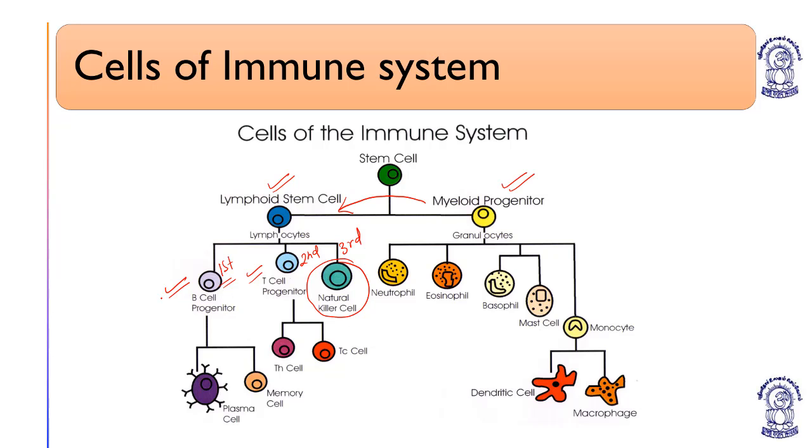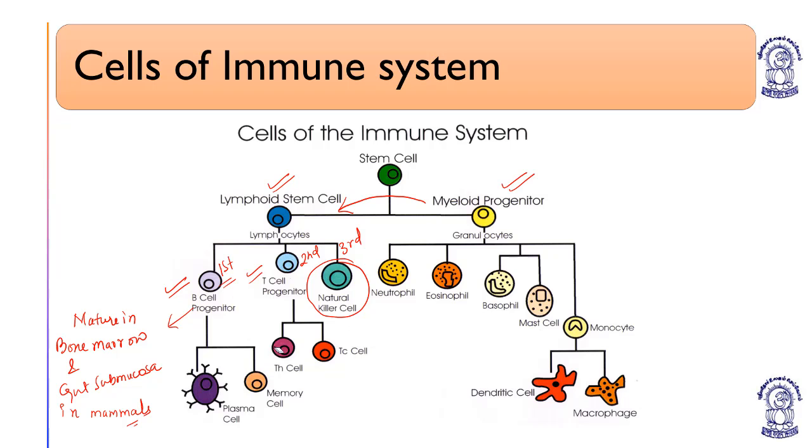The premature B cells actually differentiate and mature in bone marrow and the gut submucosa in mammals. Understood?